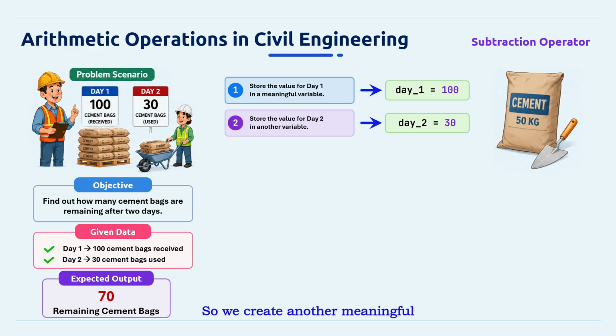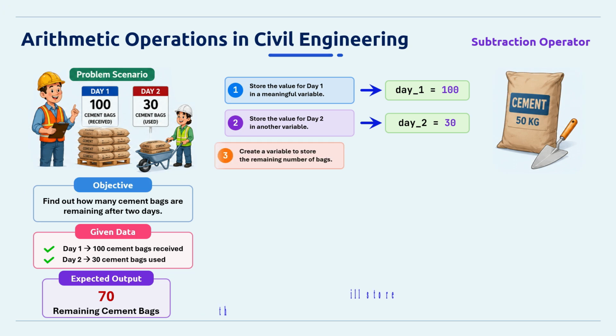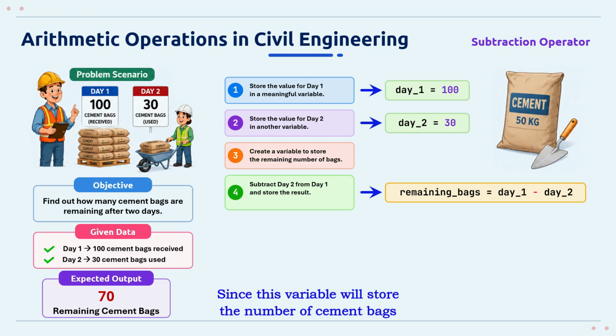So we create another meaningful variable name day_2 and assign it the value 30. Again, we need another variable to store our final answer. Since this variable will store the number of cement bags remaining after use, let's choose the meaningful name remaining_bags. So the statement is remaining_bags = day_1 - day_2.